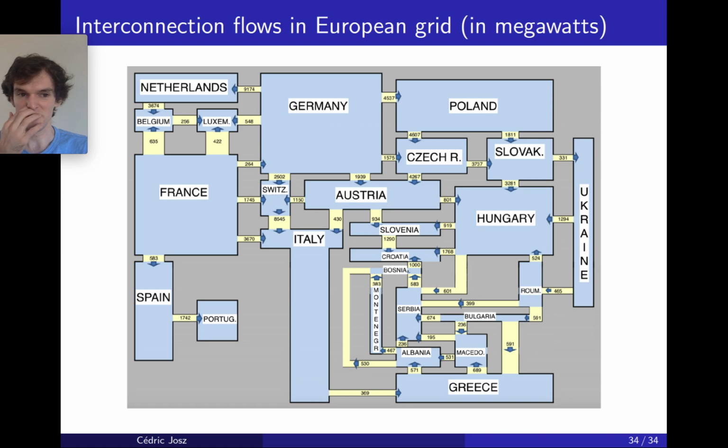So to give you an example, this is what you would get if you compute these optimal power flows on a large grid. What's very neat, I think, is that this reflects the reality of the energy flows in the grid. You can see here, for instance, that Italy is mostly a net importer of electricity.